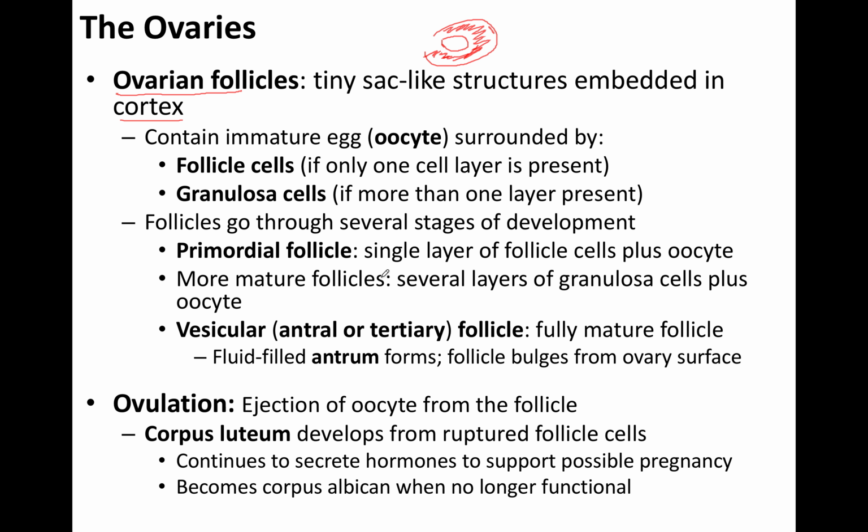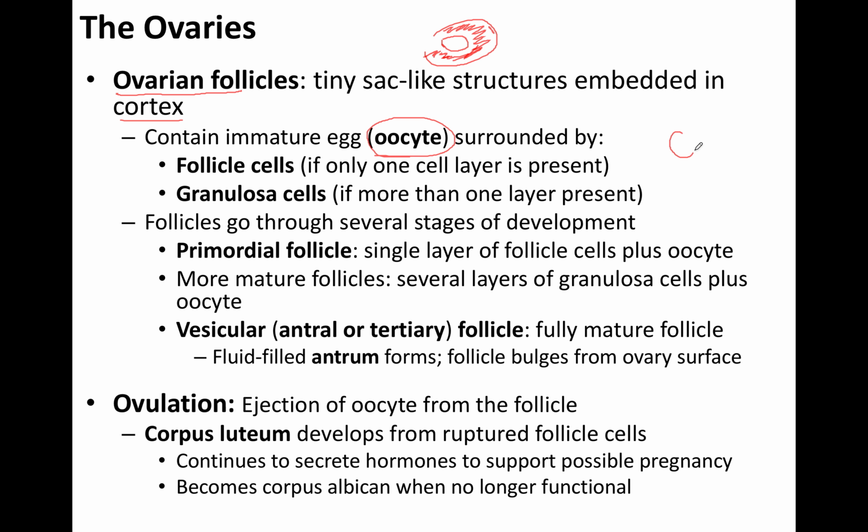And yes, I know it says follicle, so you think about hair, but follicle just means a set of cells that surround something else. So for a hair follicle, it's a set of cells that surround where the hair is growing out of. Here is the same thing, a set of cells that surround the immature egg, and the immature egg is now going to be called an oocyte.